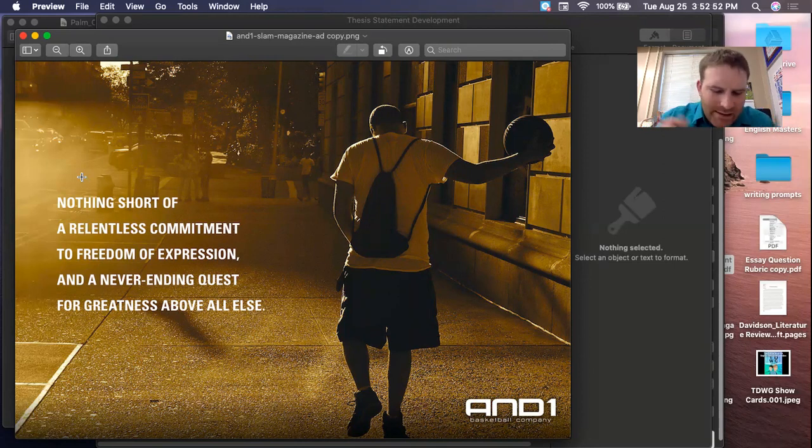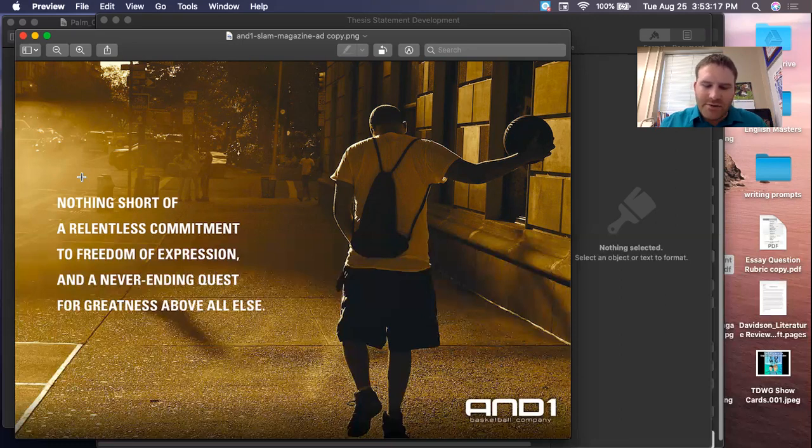So the And One ad is representing hard work. That's kind of what this is representing, putting in the practice, working hard. So the And One represents that. Or let's go with portrays. I think portrays would work better because you can also revise this to make it fit the sentence you're trying to write.